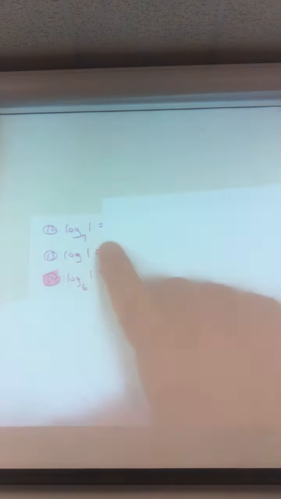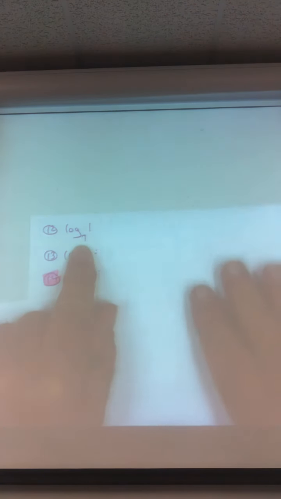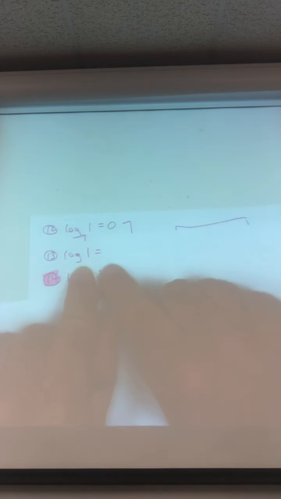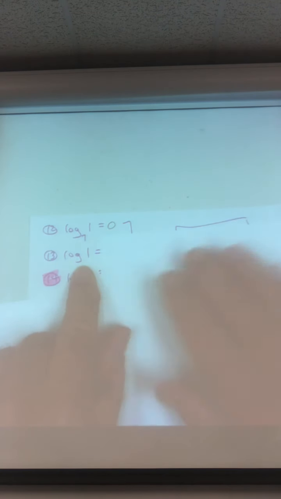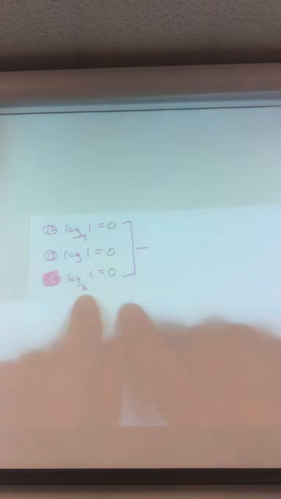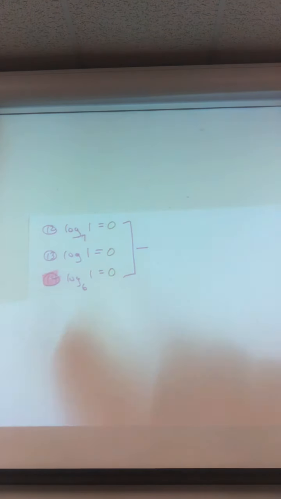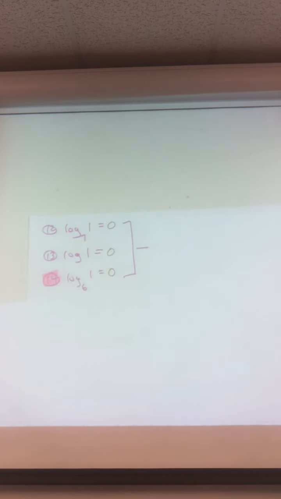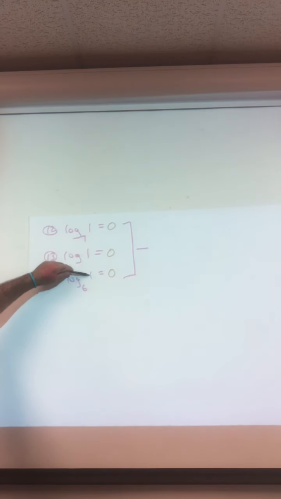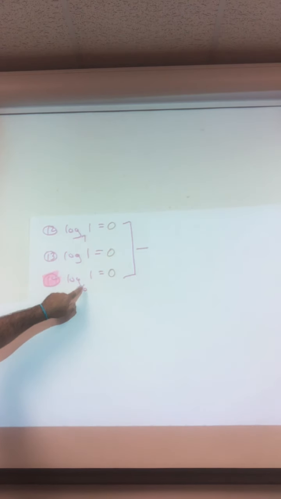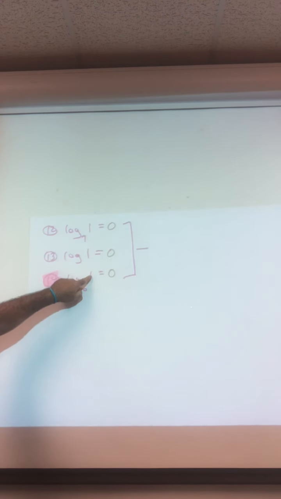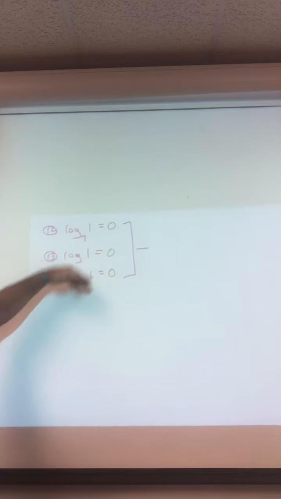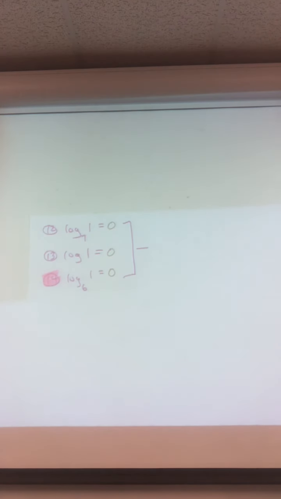So, what would the exponent have to be on 7 to get 1? 0. What would the exponent on 10 have to be to get 1? 0. What would the exponent on 6 have to be to get 1? 0. So this means the log of 1, I don't care what the base is. You change this number as many times as you want to. The log of 1, any base, is always 0.